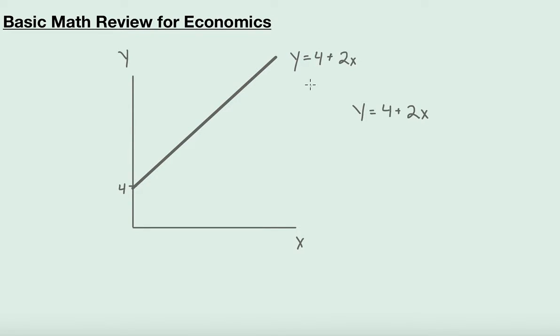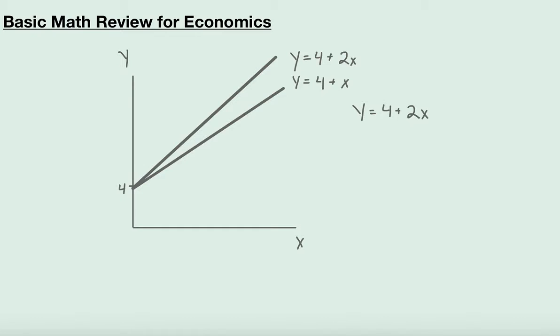Now just changing the slope, we're going to graph y is equal to 4 plus x. So now the slope of x is 1. It's going to be up 1 over 1, up 1 over 1. If we were to graph that, it about looks like a 1 over 1 slope.